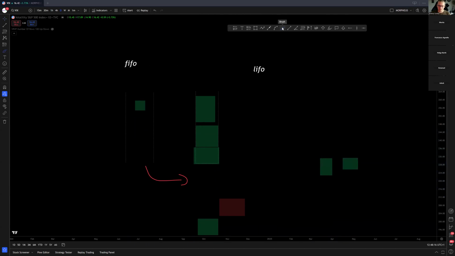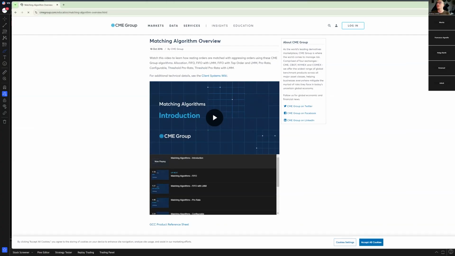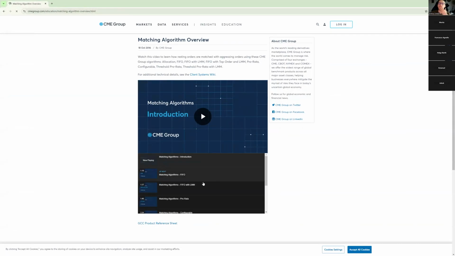So markets, if you go, for example, on the CME website, let's see if we can go real quick. CME, matching algorithms. You can easily go by yourself on the CME website, and you will see that most of the matching algorithms work with FIFO.